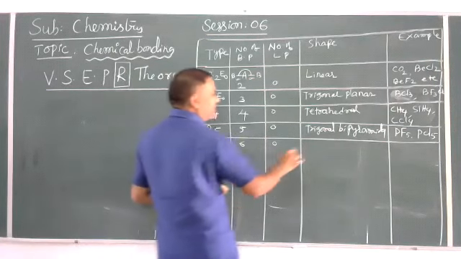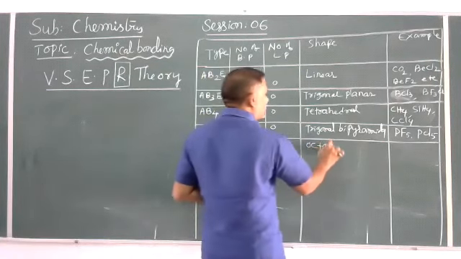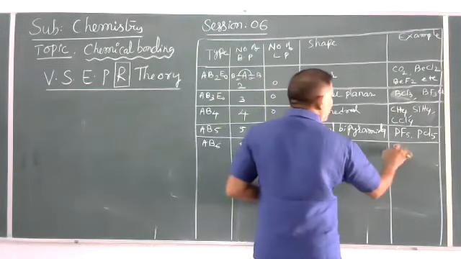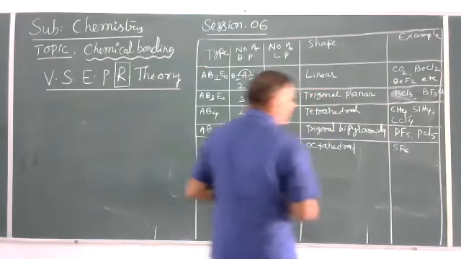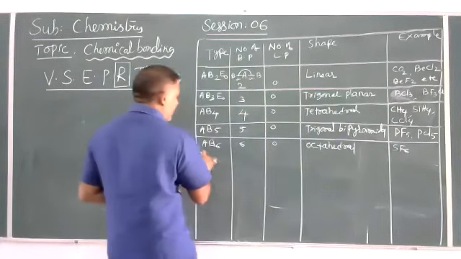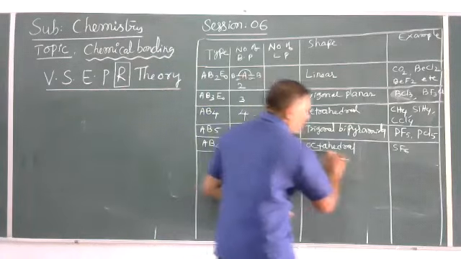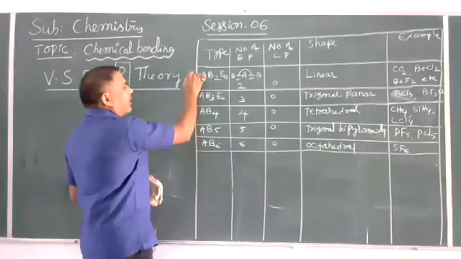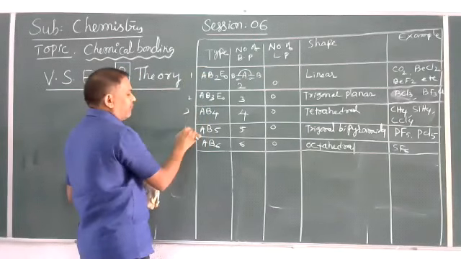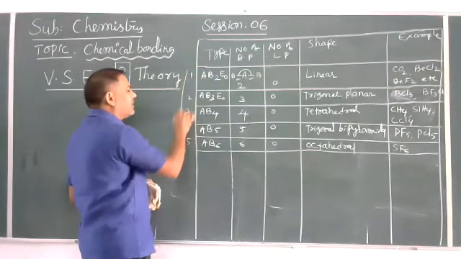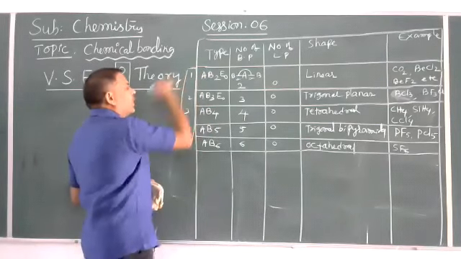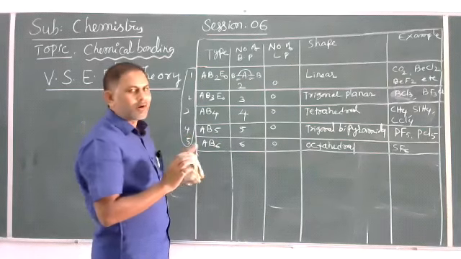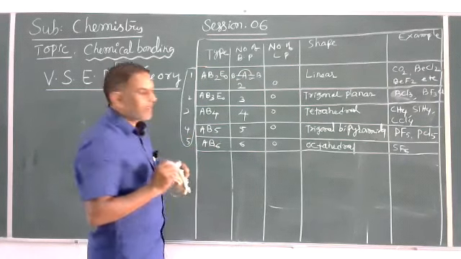The geometry is octahedral, like sulfur hexafluoride. So these are five examples. In all these models there are no lone pairs, and all have regular shapes without any distortion.